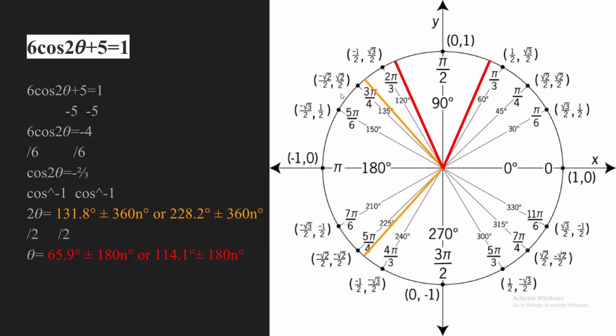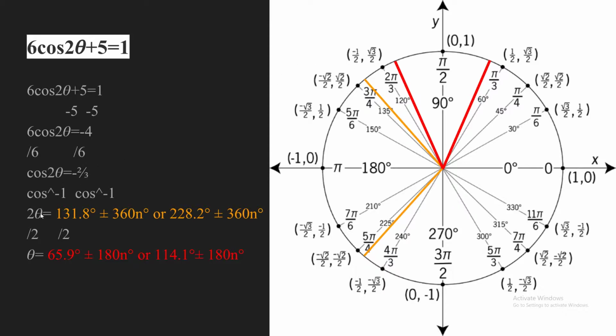Feel free to find the reference angle of 131.8, but it's a little bit more work. Just whatever floats your boat, whatever method is easiest and most consistent for you to find that second angle. So both of these answers, just like we went over before, are plus or minus 360 degrees, any amount of full rotations from that angle.